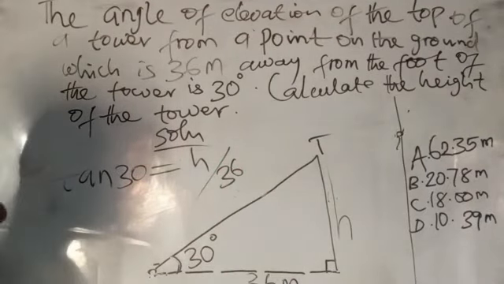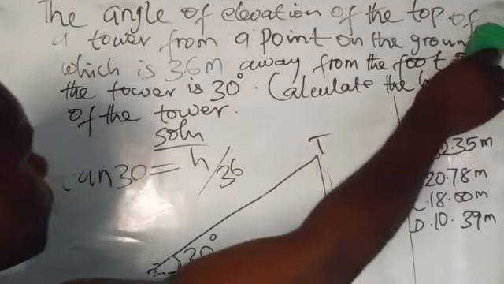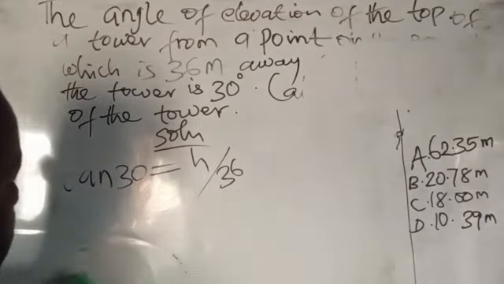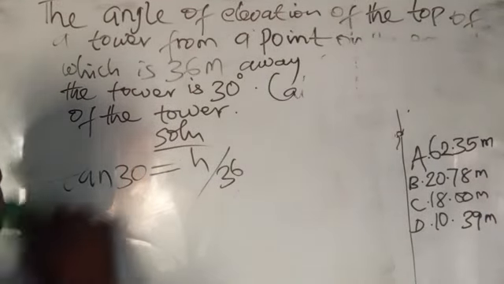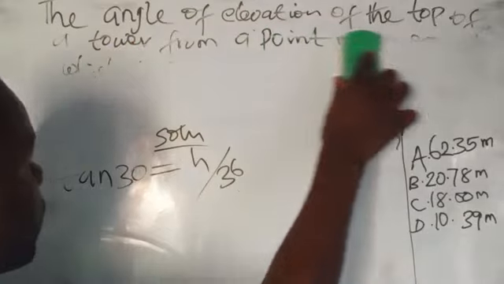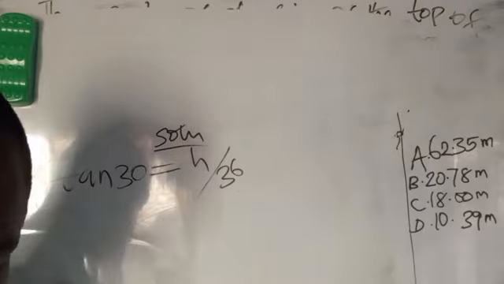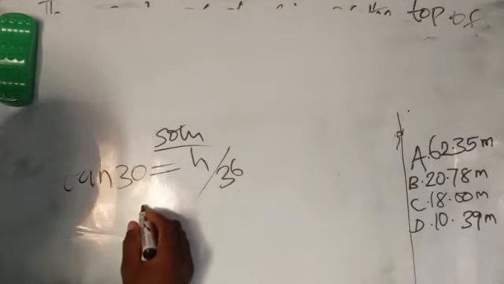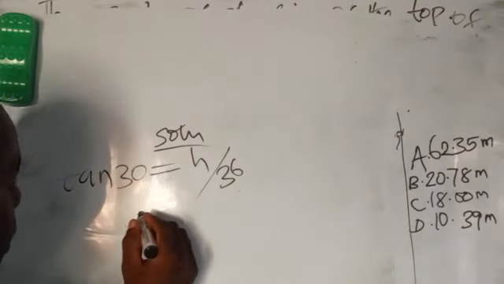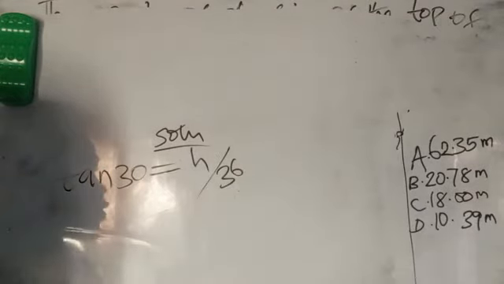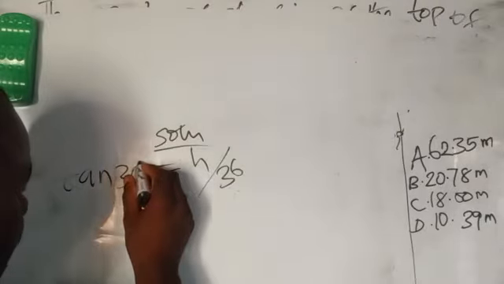Okay, so here we have that, then we make this h the subject of the formula by cross multiplying like this.